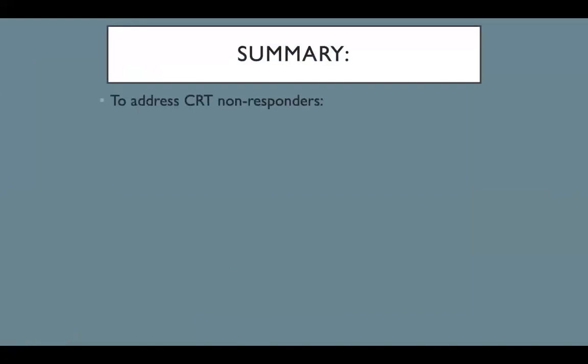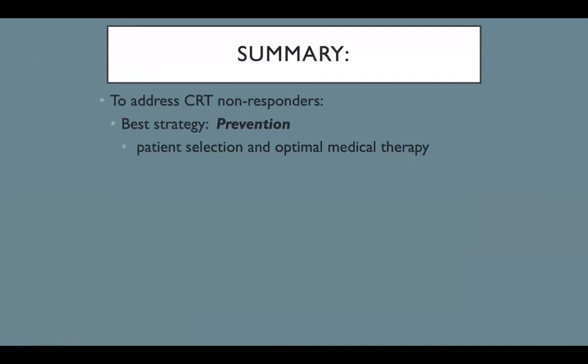So in summary, in order to address the CRT non-responders, there are a few strategies. The best strategy, of course, is prevention, so selection and optimal medical therapy and maintaining the optimal medical therapy with the CRT. We usually wait until 6 months before we determine the response or non-response definitively.